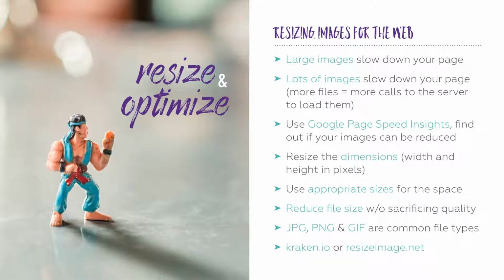So we need to make sure that our websites are fast, our images are loading quickly and properly, and we're not slowing it down any more than we need to. You can use something like Google PageSpeed Insights. If you Google that, you can type in your own website or even just a particular page on your website, and it'll give you a little report of what could be slowing down your website.